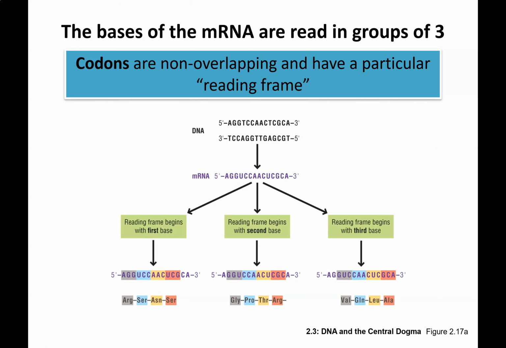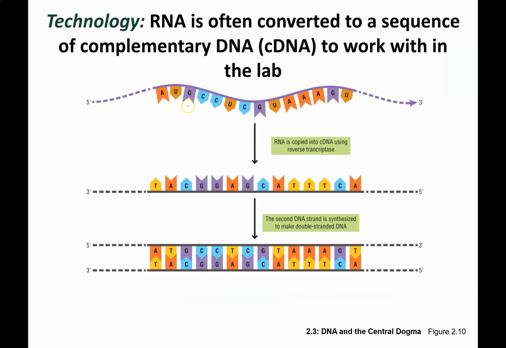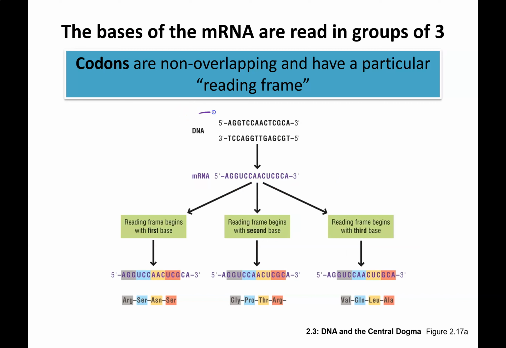Now, you may recall from the last video that you can actually have genes running in both directions on both strands. So let's say our top strand is our coding strand, and we're running this way, and we have reading frames 1, 2, and 3. We can actually make another set of reading frames.